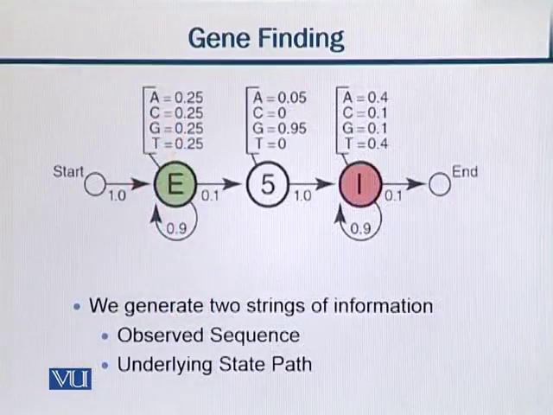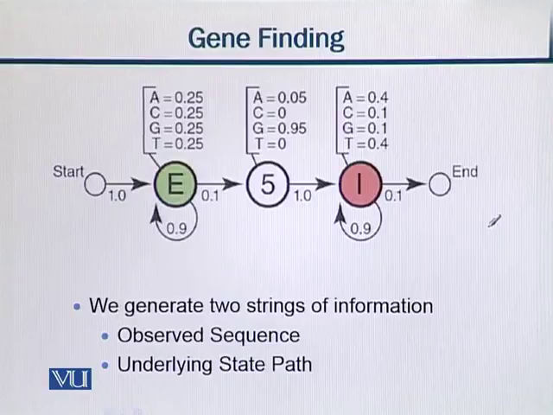So I come to the figure of this HMM model, which is generated for our particular example. It shows that we have 3 states: E for exons, the 5' splice site, and introns.